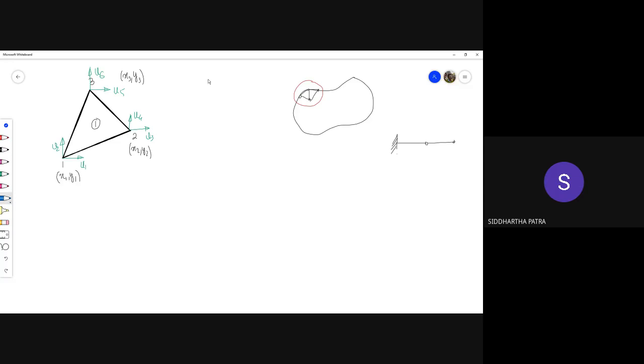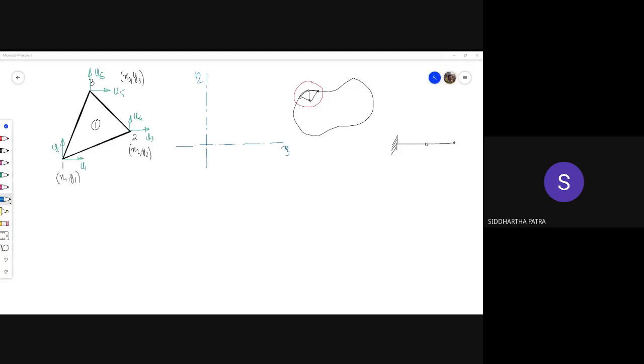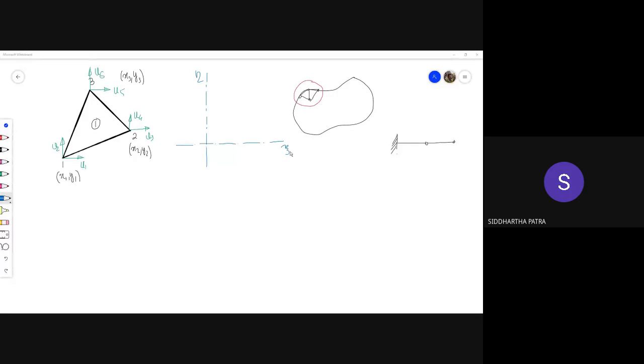We are now going to introduce the natural coordinates. This time we have two natural coordinates, because it's a 2D problem, so we need two natural coordinates, xi and eta.